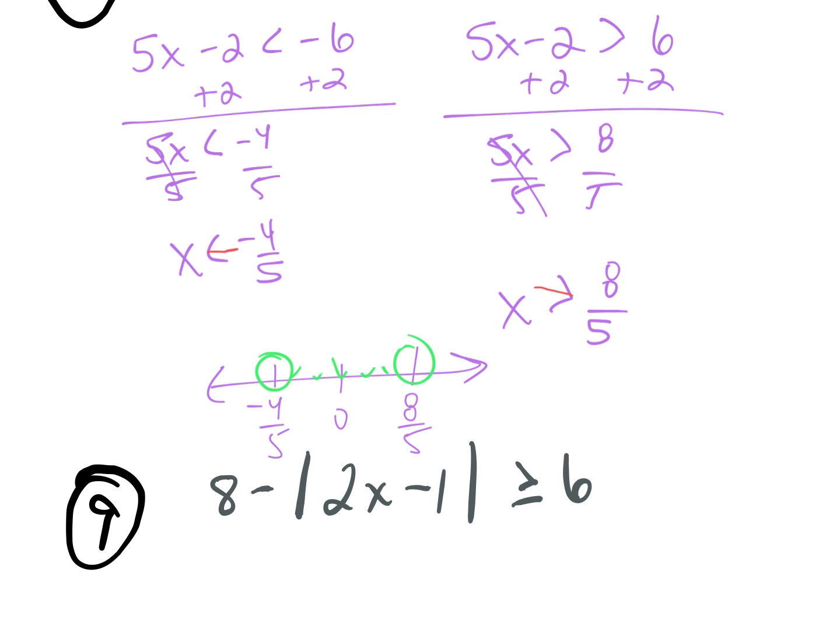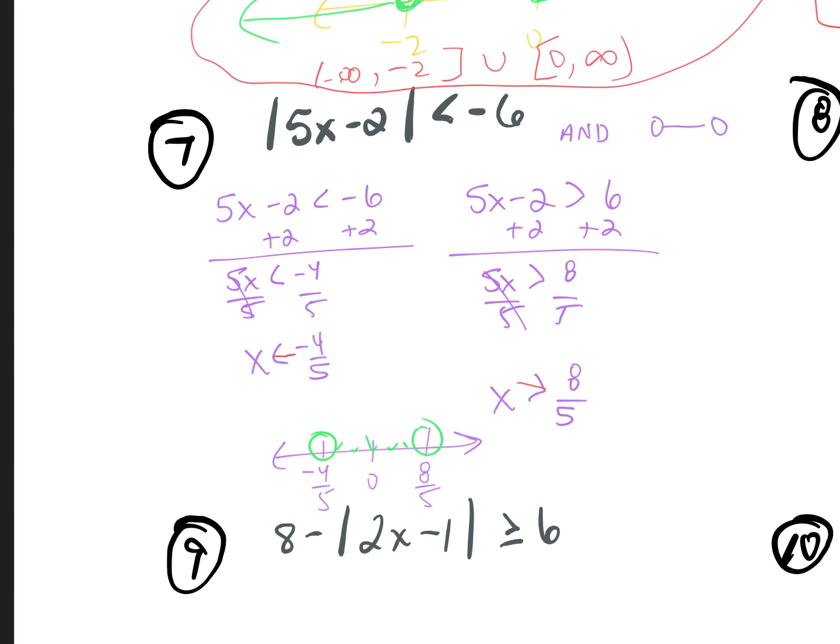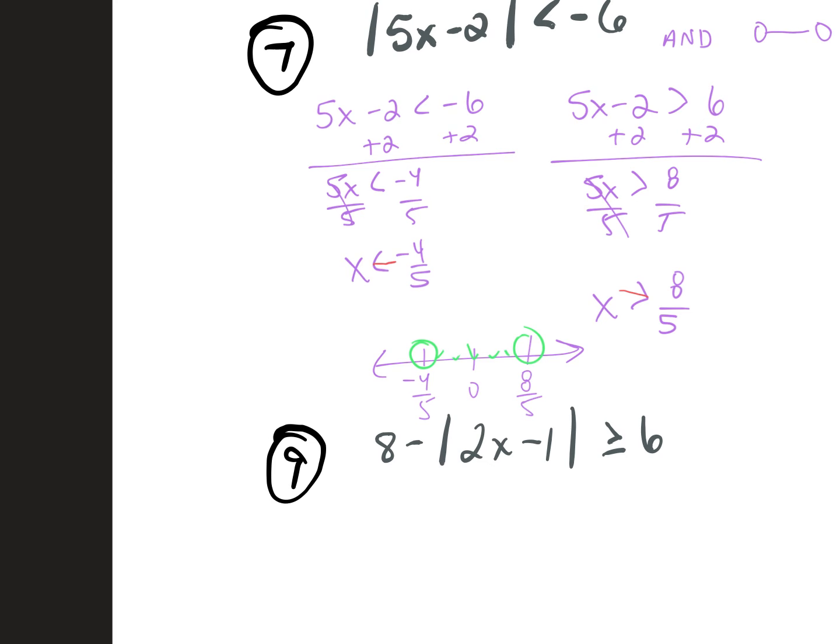Okay, good. So if I plug in -1 to my original here, what's 5 times -1? -5, okay, minus 2, -7. The absolute value of -7 is what? 7. Is 7 less than -6? No, so nothing over here is going to work.